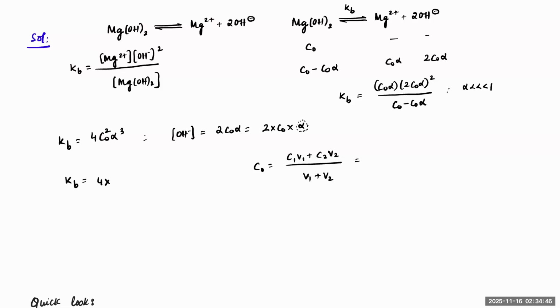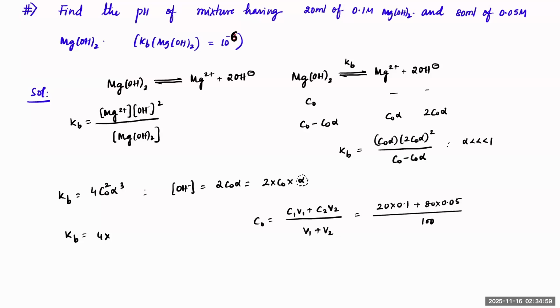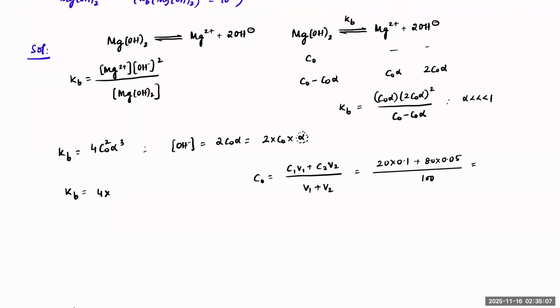So C1 V1 is 20 into 0.1 plus 80 into 0.05, divided by the total volume. Total volume is 100. Clear? Right. So how much are we getting here? This is 2 plus 4 divided by 100, which is 6 by 100 or 3 by 50. Correct, Radhika?